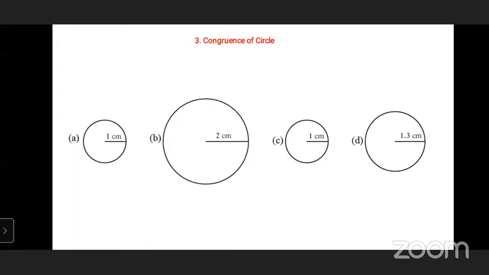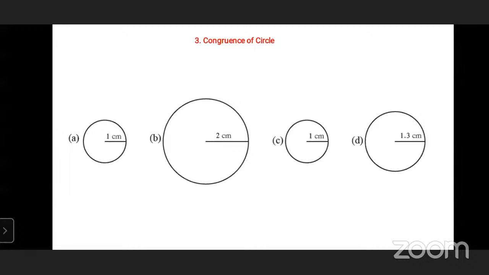Observe the circles in the figure above and draw similar circles of radius 1 centimeter, 2 centimeter, 1 centimeter, and 1.3 centimeter on a paper, and cut out those circular discs and place them one upon the other to find out which ones coincide exactly.